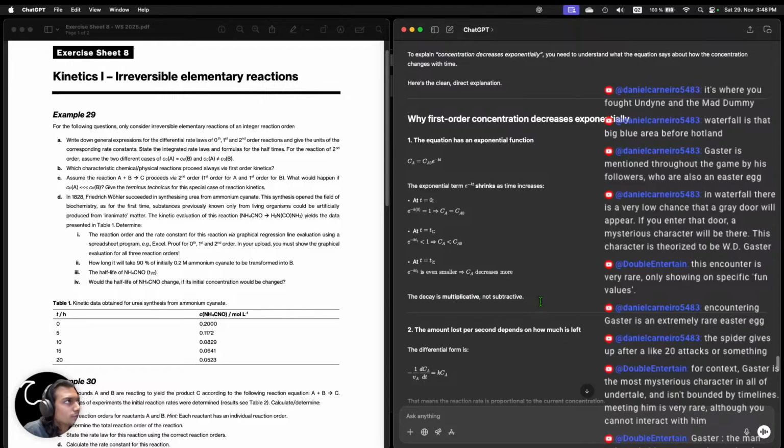Decay is multiplicative, not subtractive.